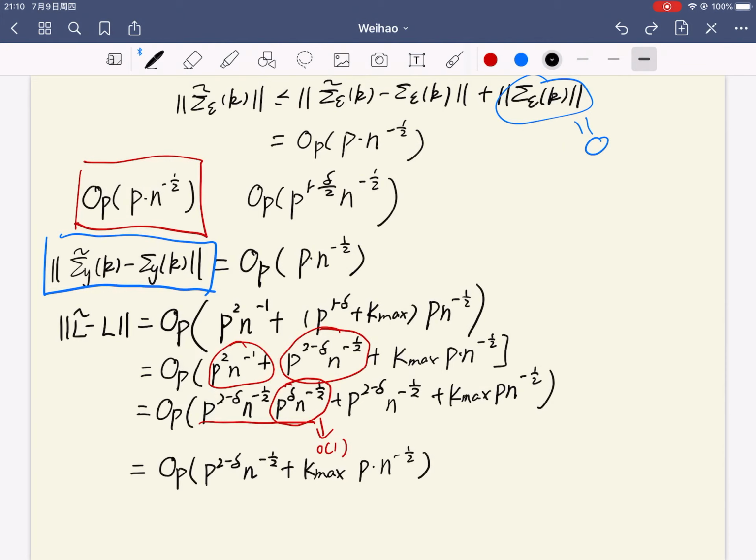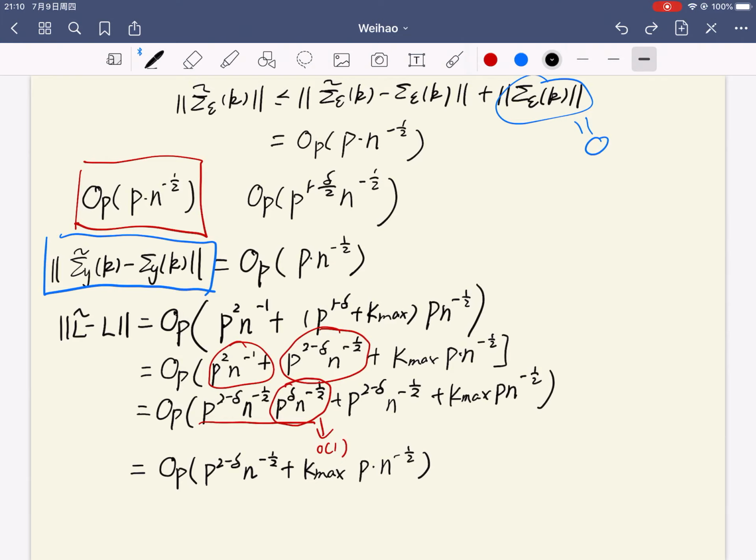After we got the rate for the difference between the sample version of L and the population version, we can analyze the rate under two different scenarios. One scenario is weak cross dependence between F and the white noise.